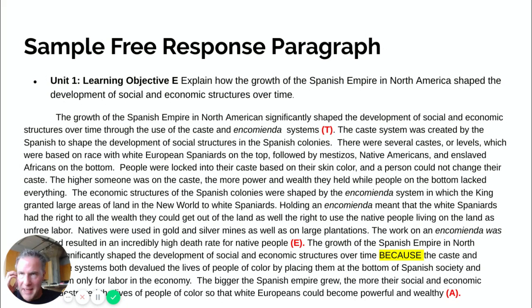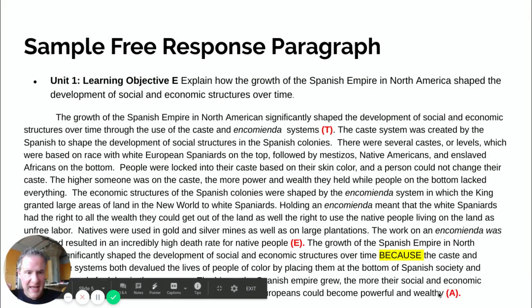And that's the impact that these systems had on the social and economic structures of the Spanish colonies in North America.